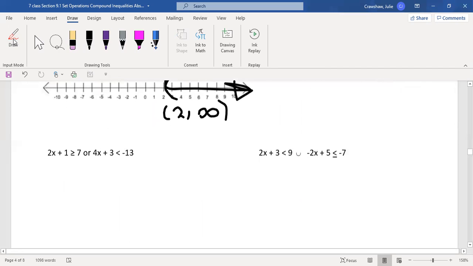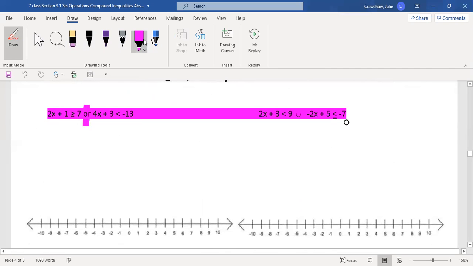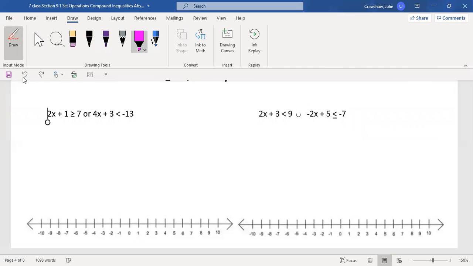So let's do some more. These are compound inequalities, but this time they use the word or, or the symbol U. So I'm going to have to isolate my variable. I'm going to subtract my 1.